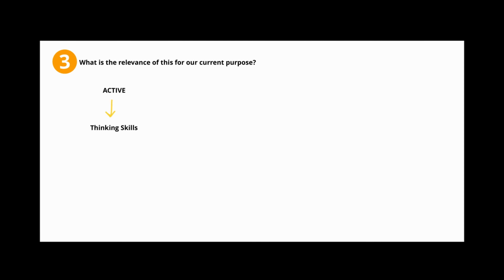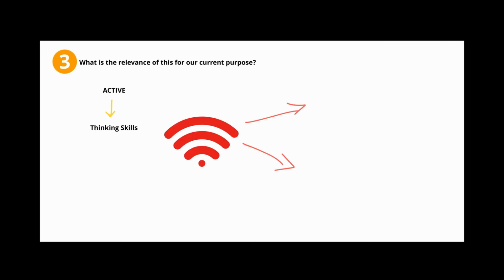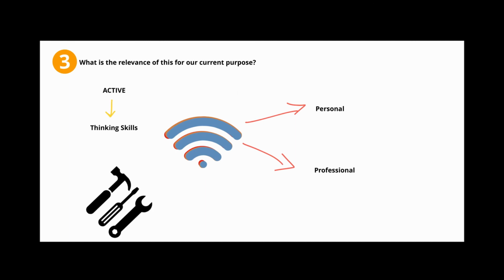And finally, the relevance here links back to that active mode I pointed out underpins all of the thinking skills. Our aim here is to start navigating the online world and empower you in your personal and professional lives. But as we will see, such is the online world and indeed our offline worlds, that both are constantly changing and developing, and this is particularly the case with the online world. This means that we all need to be equipped, have that adaptable toolkit so that we can build upon the knowledge we acquire and know how to develop this.